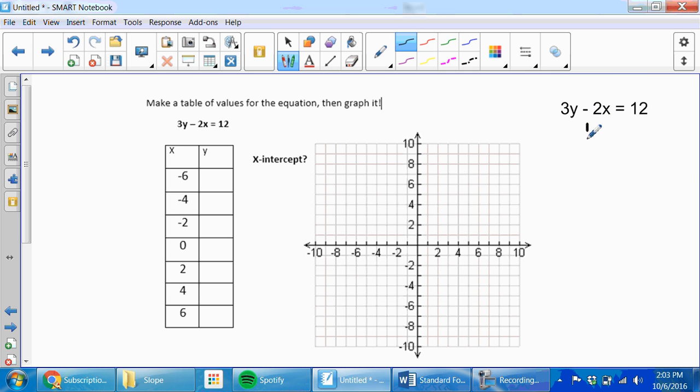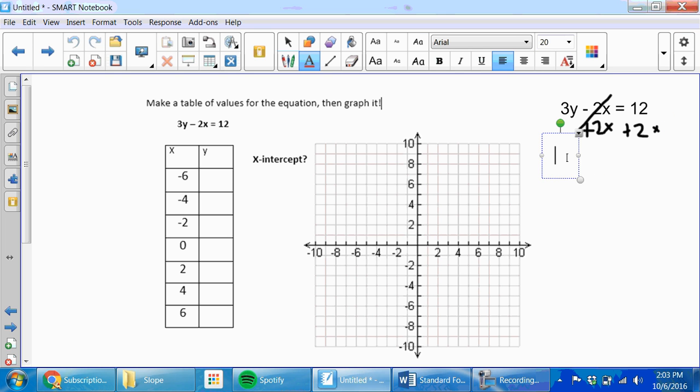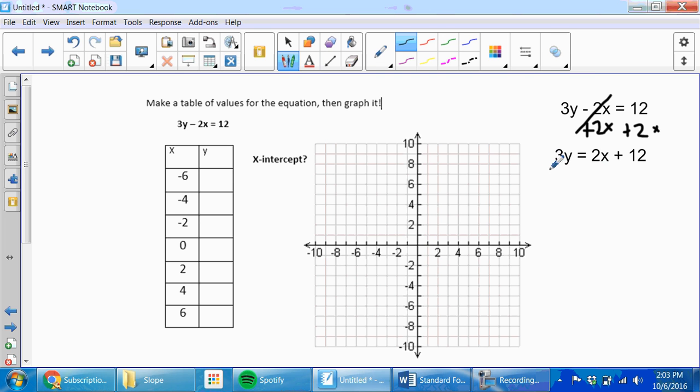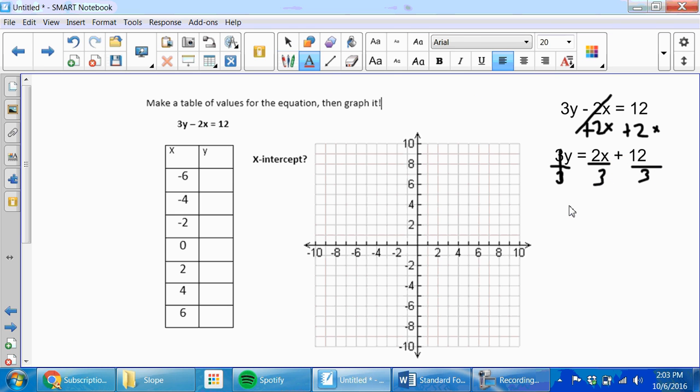In order to do that, I'm going to get rid of this 2x, so I'm going to add 2x to both sides. It ends up giving me 3y on this side equals 2x plus 12, because they're both positive. And I want to write my x's first. Now, not completely done. The y has a 3 on it, so I got to get rid of that 3. So I'm going to divide by 3, and divide both of these by 3 as well. 3 divided by 3 gives me just a singular y.